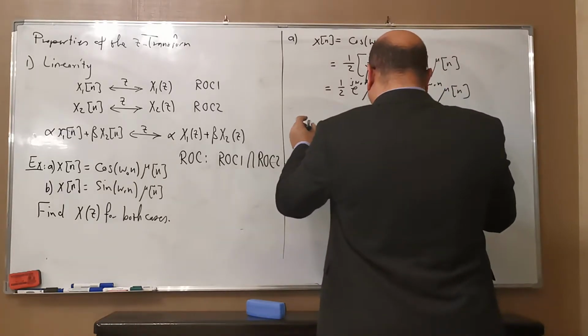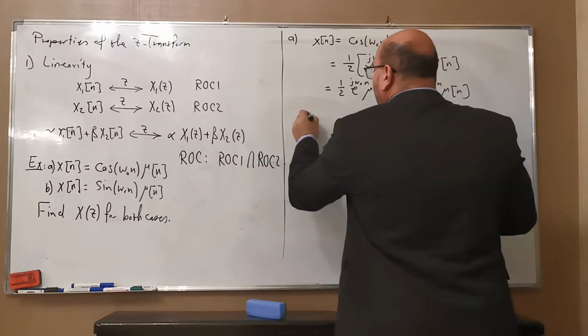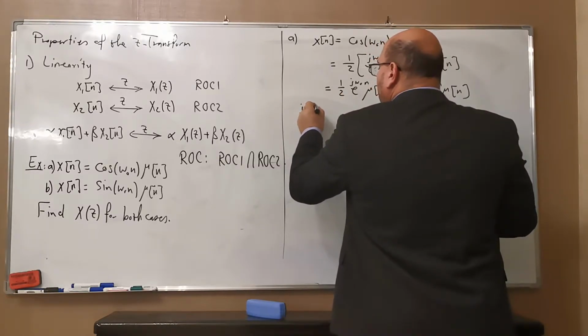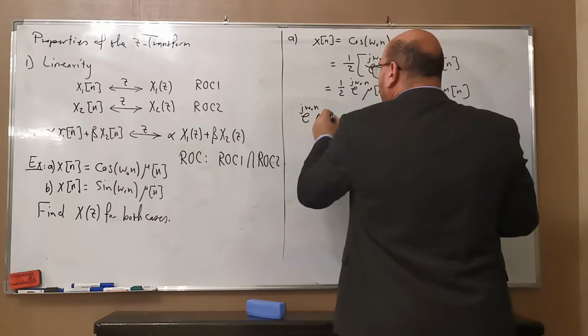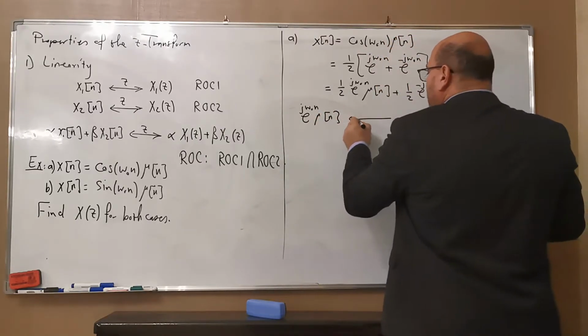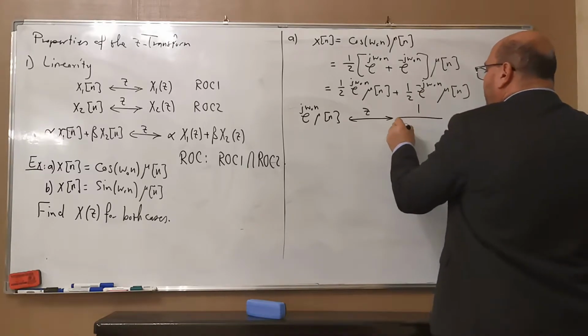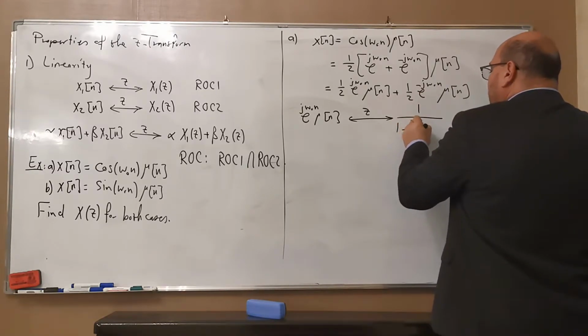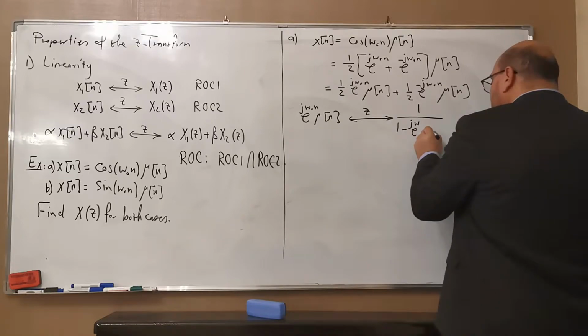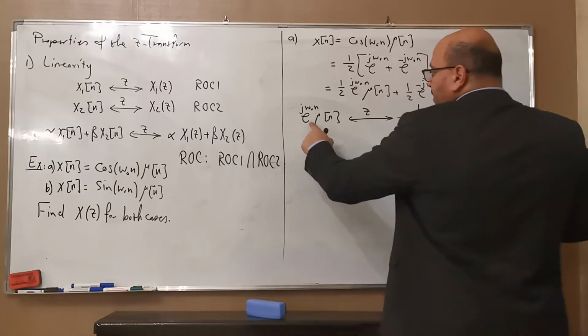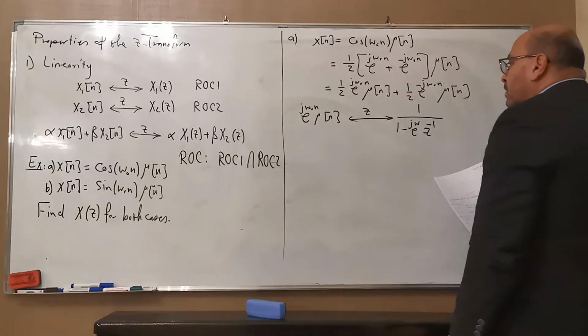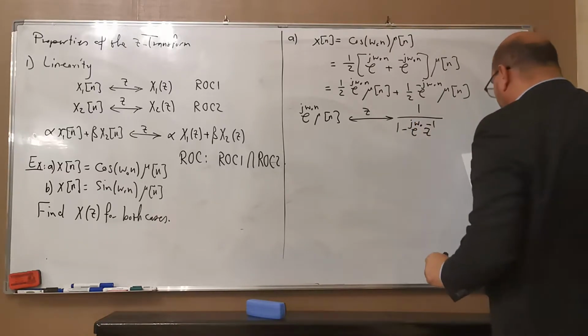So the first, I'm going to take e to the j omega 0 n mu of n as x1. What is the Z transform of this one? This is equal to 1/(1 minus e to the j omega 0 z inverse). This is our alpha to the n, with alpha equal to e to the j omega 0.